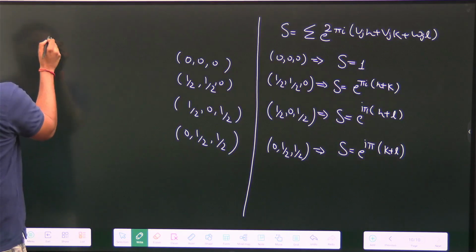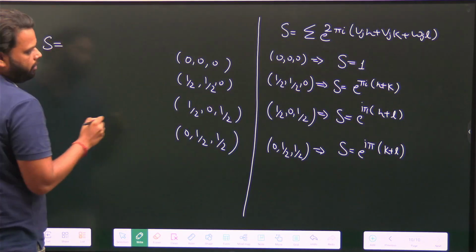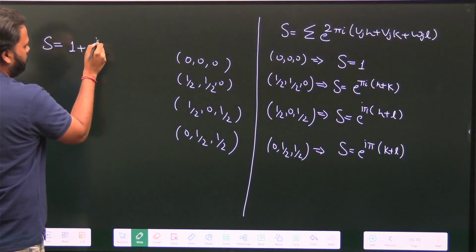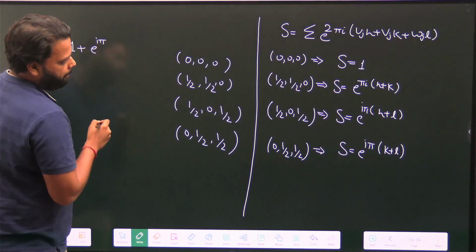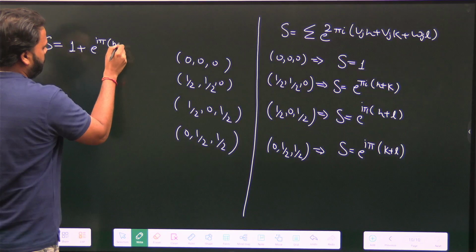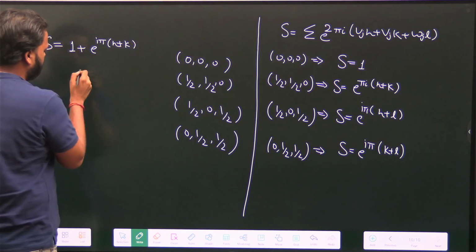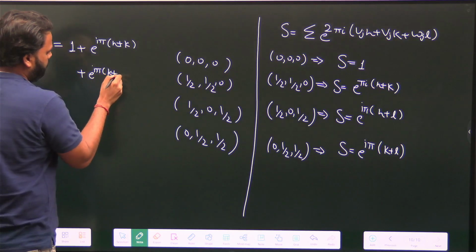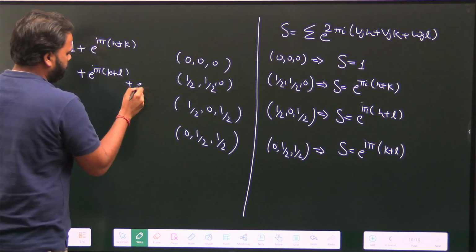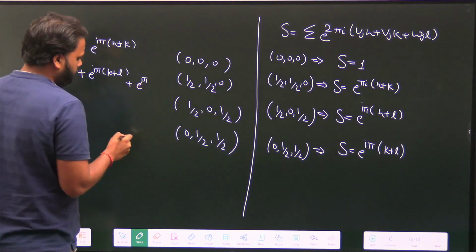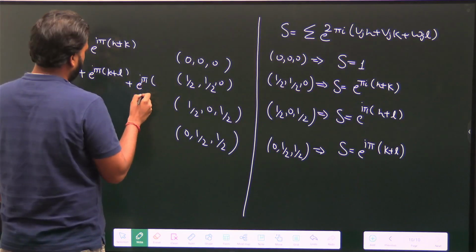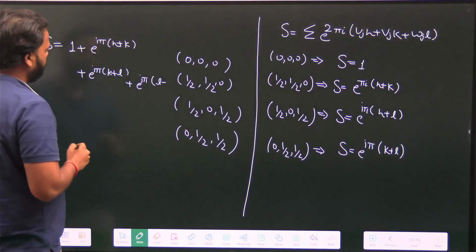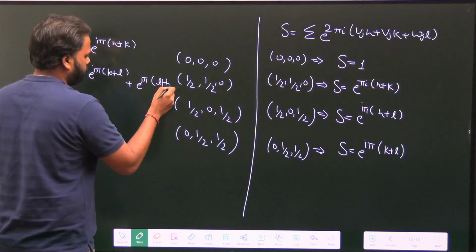So the value of S will be 1 plus e to the power i pi (h plus k) plus e to the power i pi (k plus l) plus e to the power i pi (h plus l).